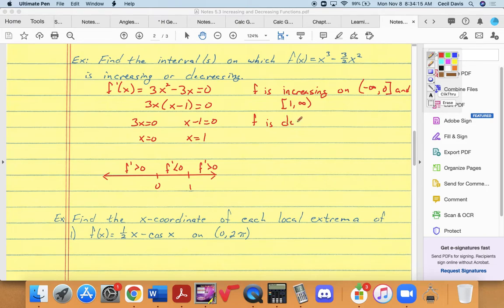F is decreasing on the closed interval from 0 to 1.